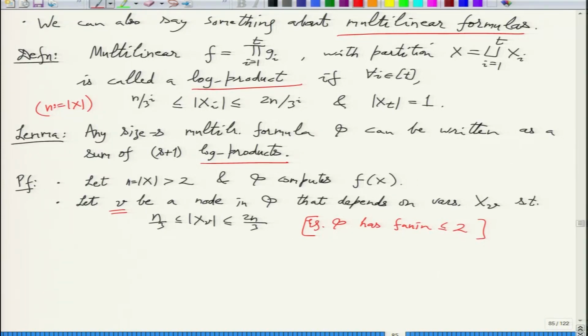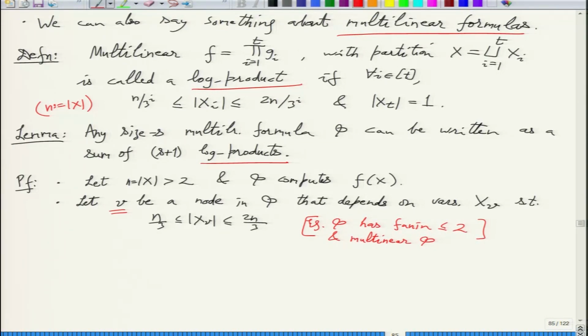And because you need multilinearity also. So it's syntactically multilinear. Every node you have multilinearity.